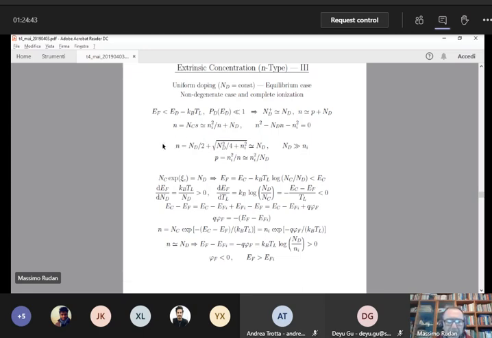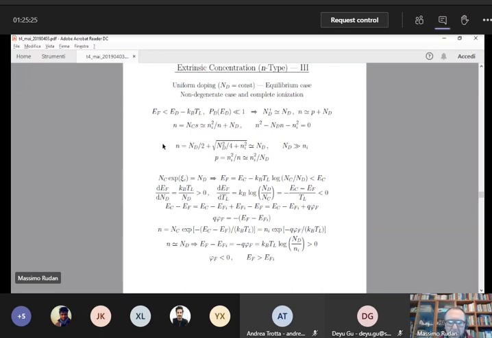So in conclusion, for a uniform semiconductor that is doped of the N-type, if you have the non-degenerate and complete ionization conditions, and the concentration of the dopants is significantly larger than the intrinsic concentration, this is very easy, okay? Because the smallest concentration of dopants is of the order of 10 to the 14th per cubic centimeter.